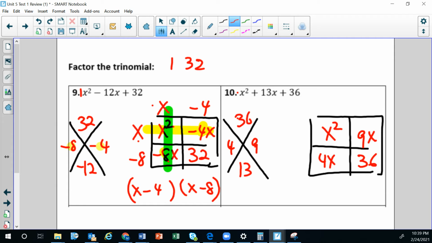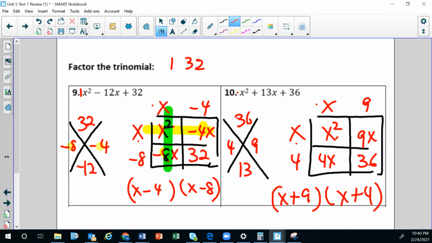And by now, if you see x here, you know it's going to be x and x. It's just a shortcut right there. And then what times x gives me 9x? It's just 9. What times x gives me 4x? That's just 4. And so my factors are x plus 9 and x plus 4.